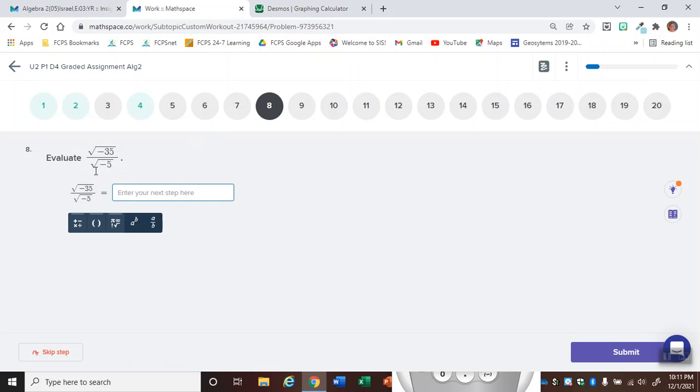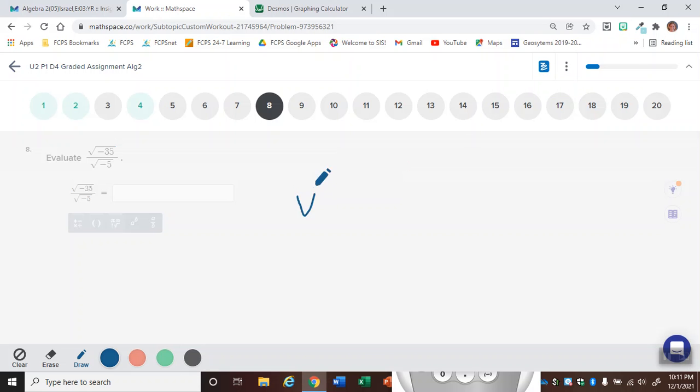All right, now this one, we kind of skipped over these in class because we were short on time. But long story short, you just divide negative 35 divided by 5. So I can combine these into one radical. So I can say that's negative 35 divided by negative 5.